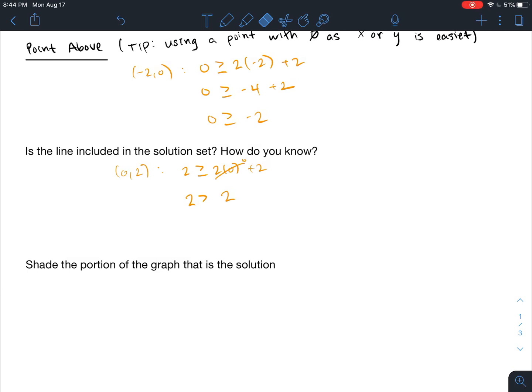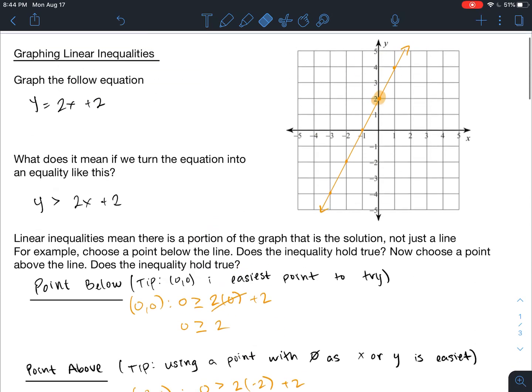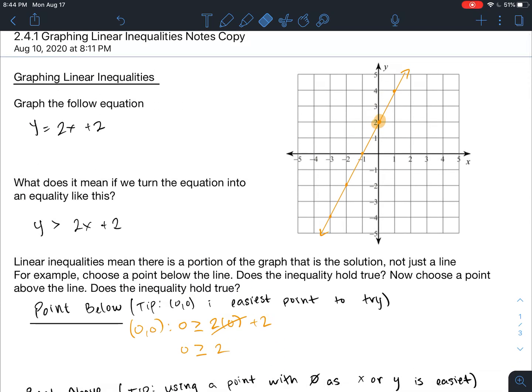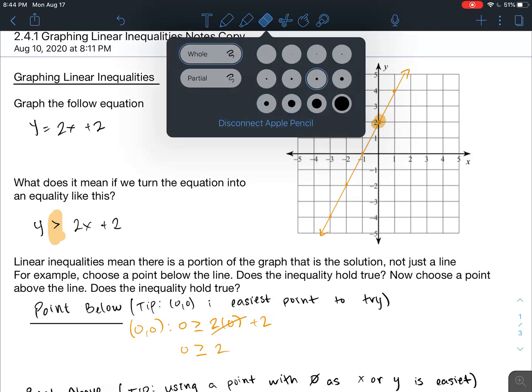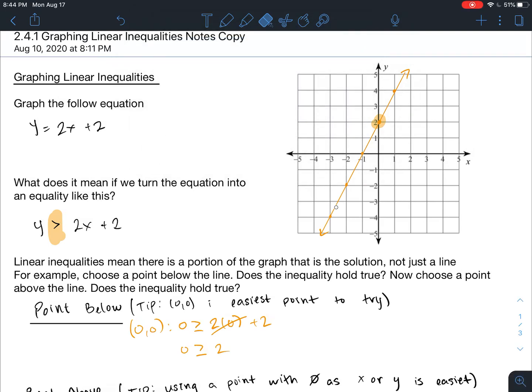So if our equation or inequality does not say equal to, then the line is not included in our solution set. So we have to show that on our line, and to show that, we will dash our line. So draw a dashed line instead of a solid line, all the way along this line.